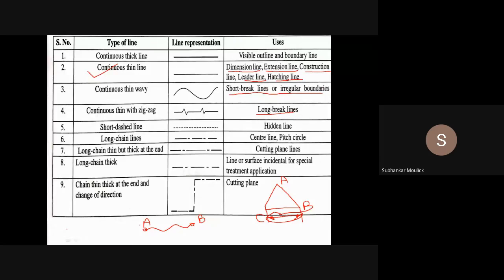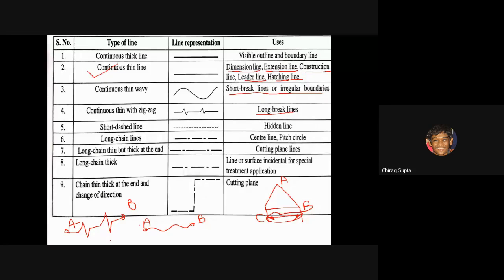That means if I am having 2 points, this is your point A and this is your point B. If the distance between point A and B is very large, say distance between A and B is 900 kilometers, in order to join AB, you will use continuous thin line with zigzag. That means A and B will be joined by a line like this.